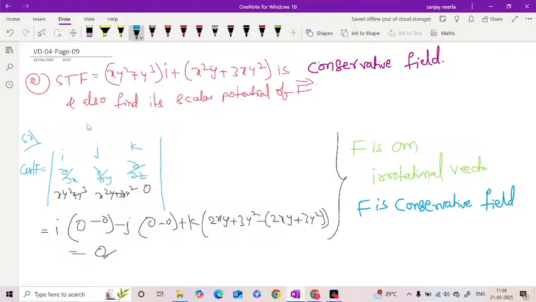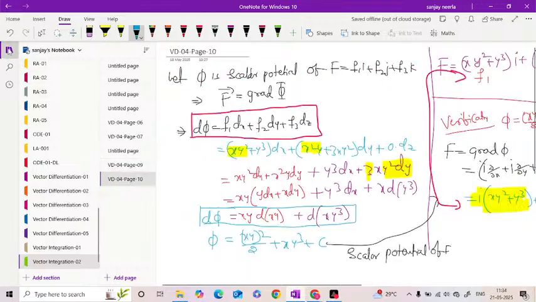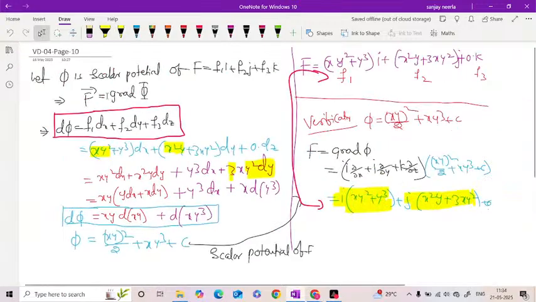Now what is the second question? And also find its scalar potential field. So for the scalar potential field, let us assume phi is the scalar potential field of f, and that means f is equal to the gradient of phi, and d phi is equal to f1 dx plus f2 dy plus f3 dz.